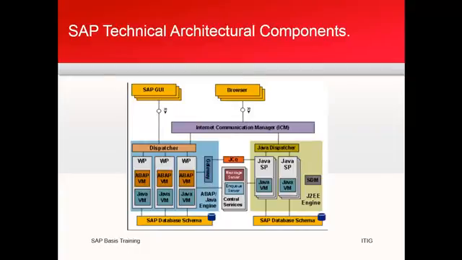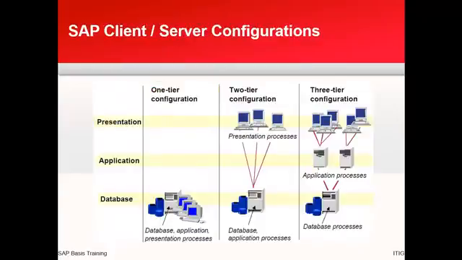Let's get into the next slide, which shows the client server configurations. You have three different configurations. The left side is the one tier configuration, the middle is the two tier configuration, and on the right is the three tier configuration. In the one tier configuration there is no separate presentation layer or application layer; everything is in one layer, which has the database, applications and presentation processes.